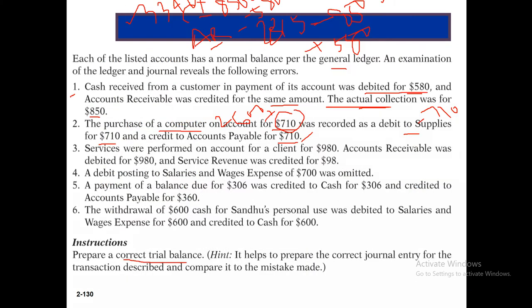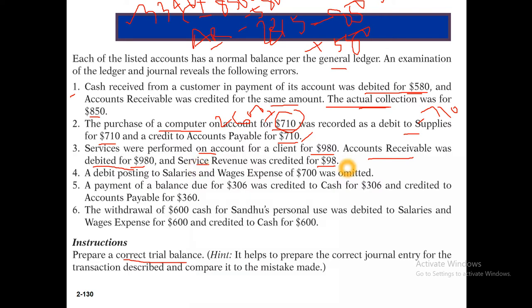Now number three, services were performed on account for a client, $980. Accounts receivable was debited 980, and service revenue was credited 98 only. The service was performed on account, so our accounts receivable is correct, debited here, no problem. But service revenue has a problem.